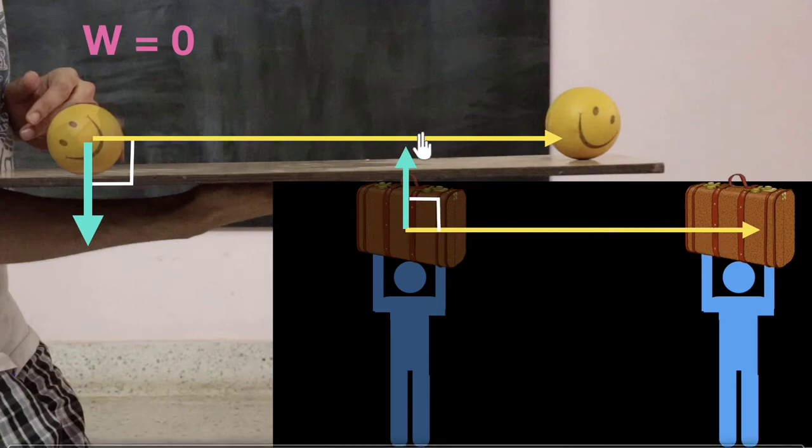And so we can say this force has no effect in this direction. It did not cause this displacement at all. And therefore, the work done by this force on the luggage must be zero. And so in general, if the force and displacement are perpendicular to each other, work done by that force must be zero. So now let's see how this knowledge helps us in answering our original question.